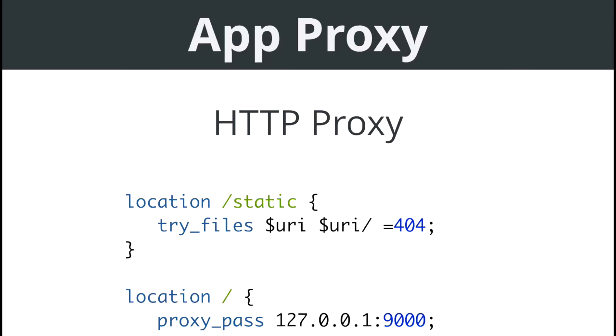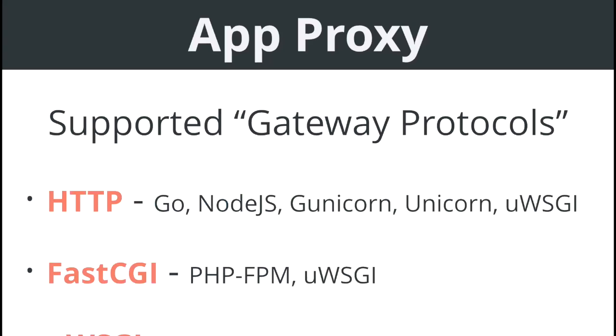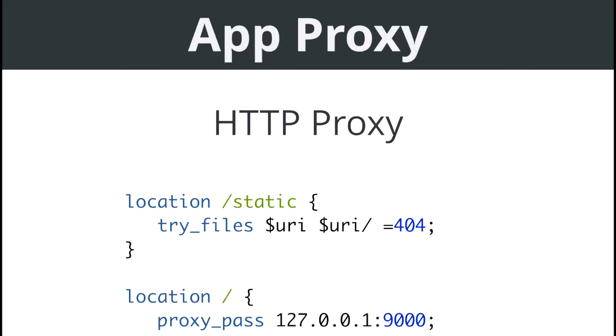And here it's just going to proxy pass it to a gateway listening at localhost port 9000. When you see proxy_pass, that is using an HTTP proxy. So it's passing the HTTP request it gets to another process also listening via HTTP. So we're just shooting around HTTP requests in this case.